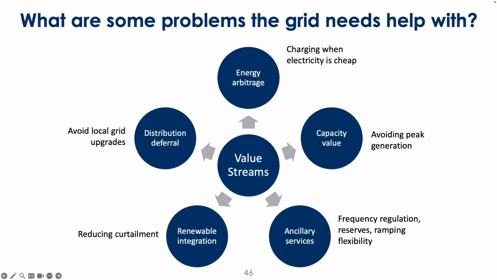That adds up to a lot of money. This is actually one of the biggest areas of cost for utilities and for our electricity rates. So if a bunch of people in your neighborhood adopt electric vehicles, but they can all switch off when they charge, then you may not actually need to upgrade that transformer. And so you avoid these local grid upgrades, and that can be a lot of value.